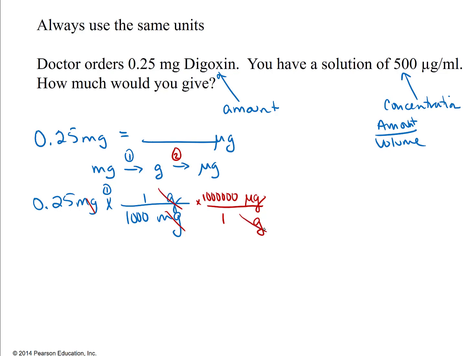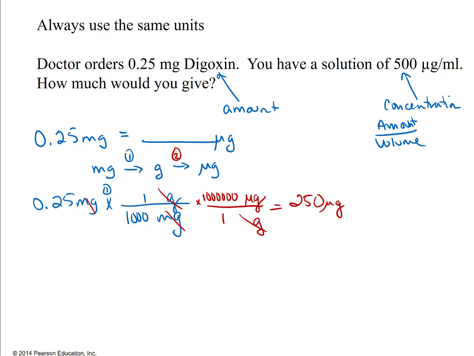So here, grams and grams will cancel. That's going to leave you with your unit of micrograms. 0.25 divided by 1,000 times a million. So it's 250 micrograms.